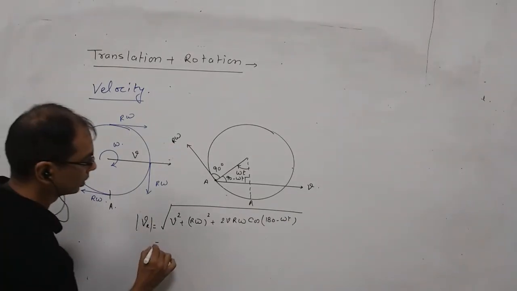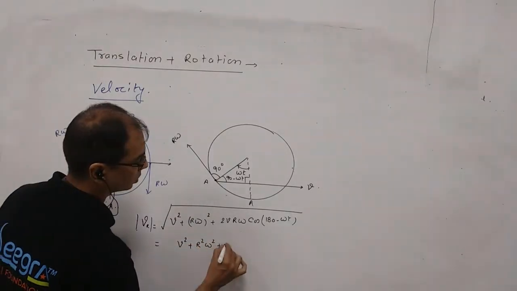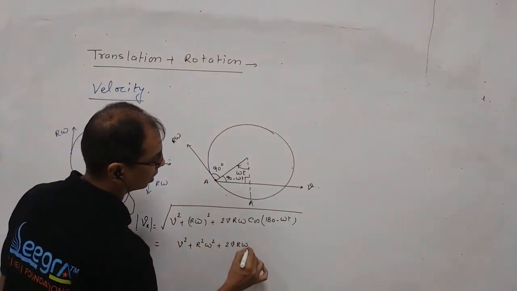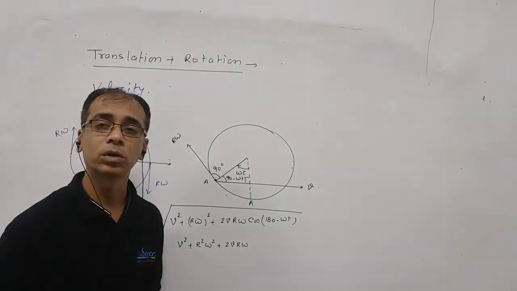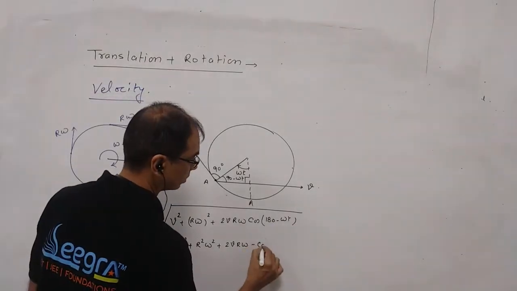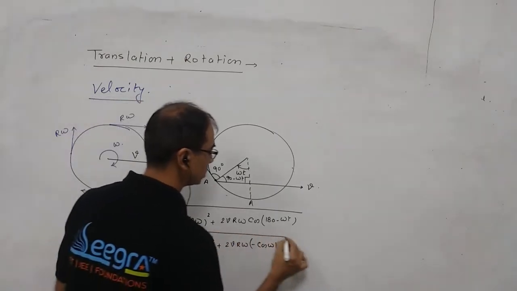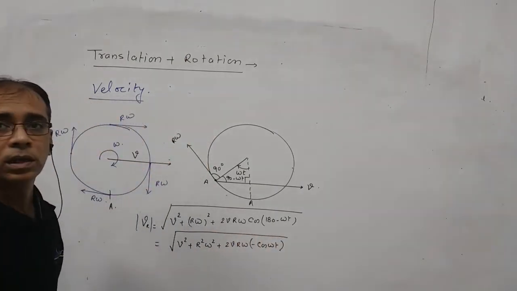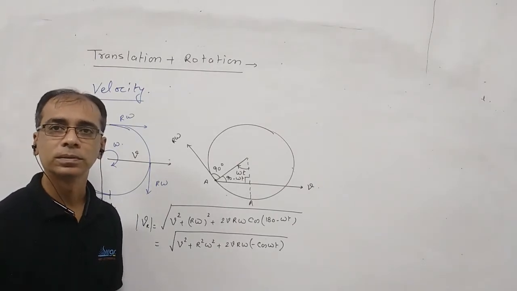So we get v square plus r square omega square plus 2 v r omega cos (180 minus omega t). 180 minus omega t is in the second quadrant, where cos is negative, so minus cos omega t. This is the velocity's magnitude.